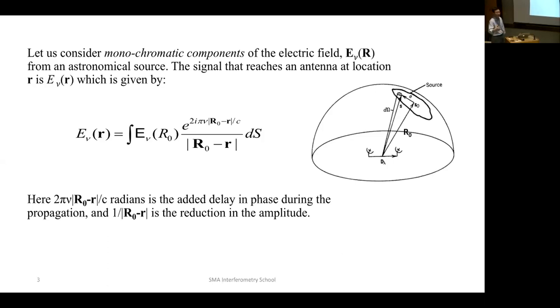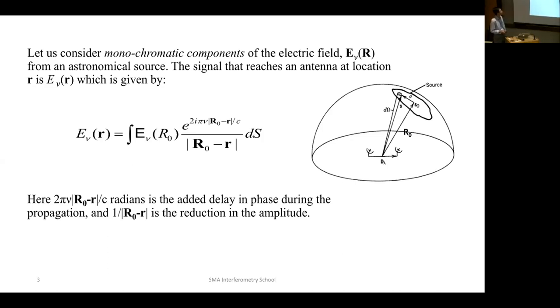That's the amount of phase delay that you experience for the signal. On top of that, the amplitude of this field is also reduced by the factor 1 over R naught minus R. That's just simple geometry.